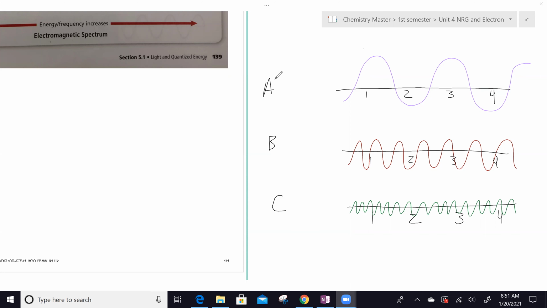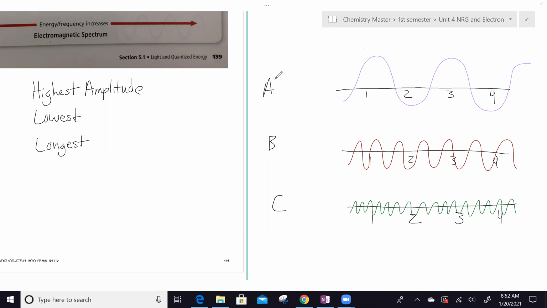I could ask you something like, if you are comparing these three waves, which one has the highest amplitude? Don't give me answers just yet. I can say highest amplitude, lowest amplitude, longest wavelength. I'm going to use the symbol for wavelength.